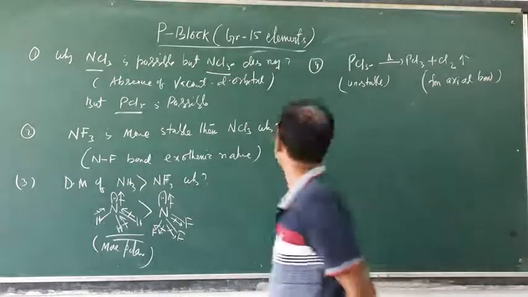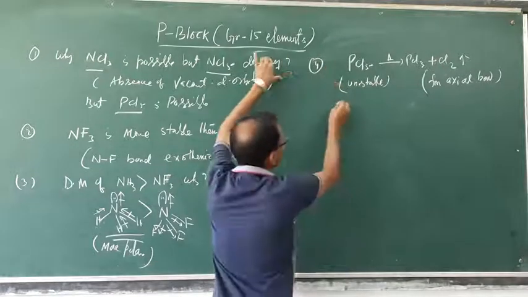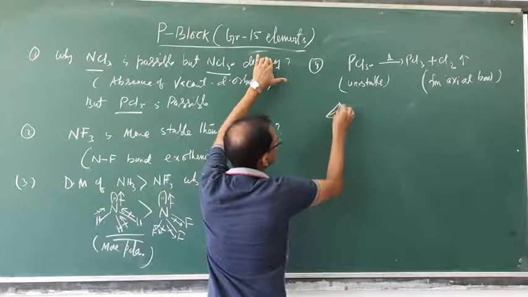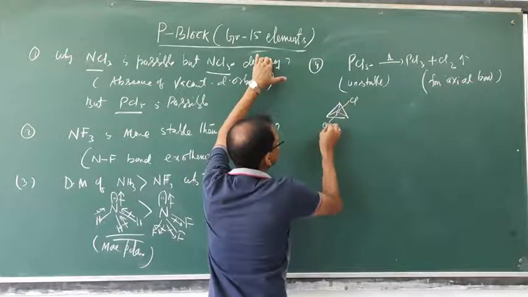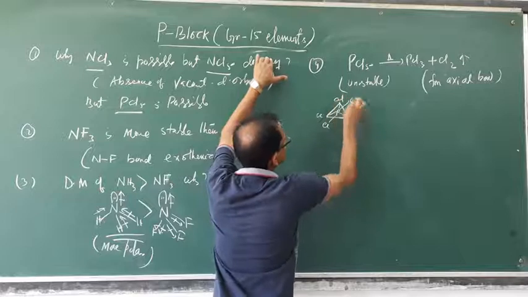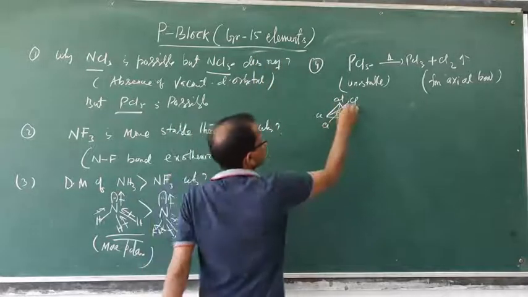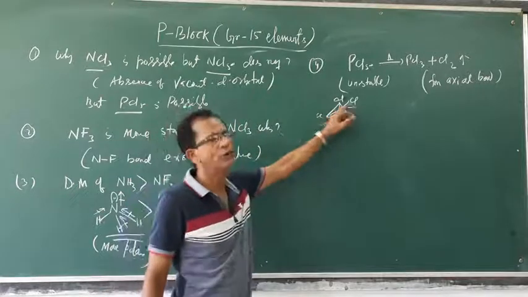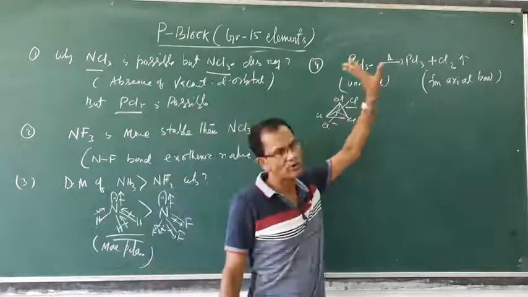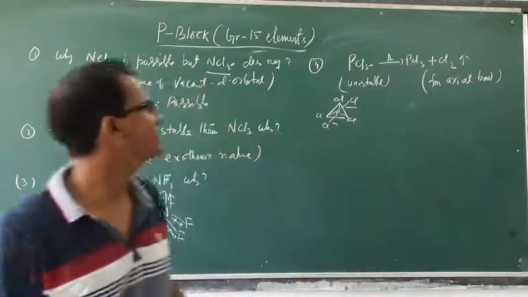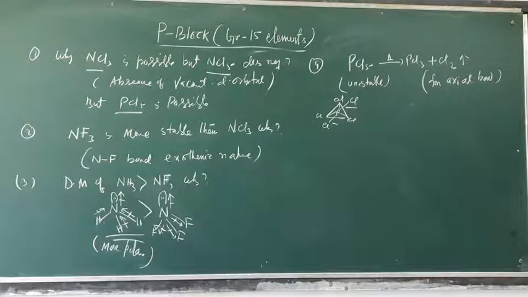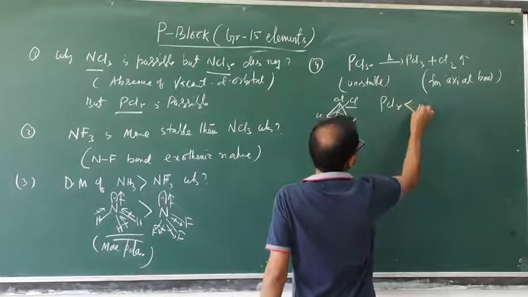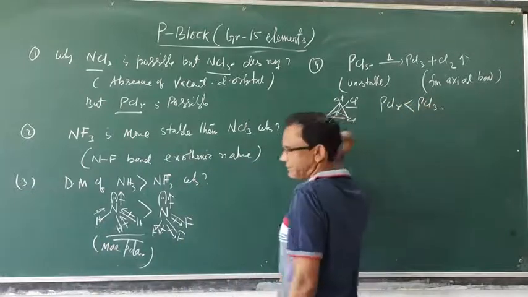Axial bond, as you already know its shape, phosphorus, chlorine. If you see the axial bonds of the two chlorines, the axial bond is the weaker bond. Due to the weaker bond, it easily breaks on heating. That's why PCl5 is less stable than PCl3.